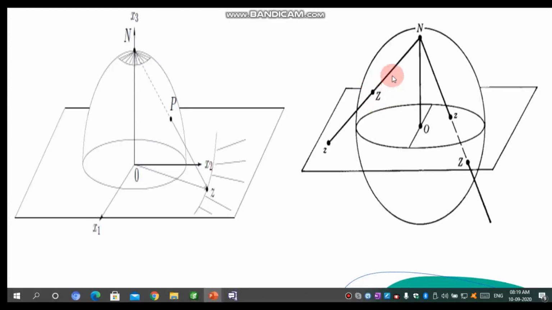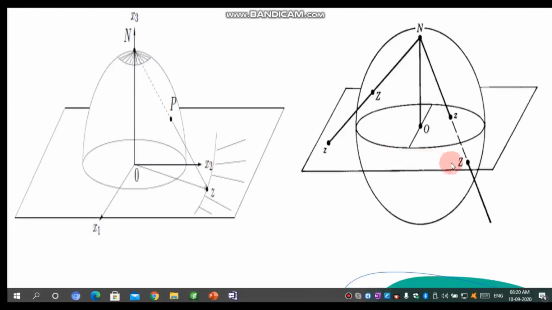Now, this is a unit sphere. Whenever mod z is greater than 1, z lies outside of this circle, so when you join it with N, capital Z will be in the upper, northern hemisphere.